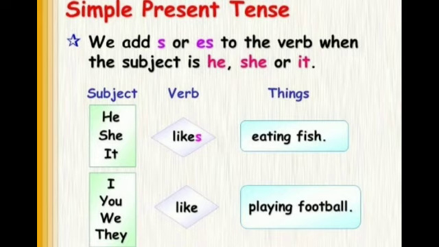You like playing football, or we like playing football, or you can say they like playing football. So, for subjects such as I, you, we, they, we use only the verb and we don't add S or ES to the verb in simple present tense.